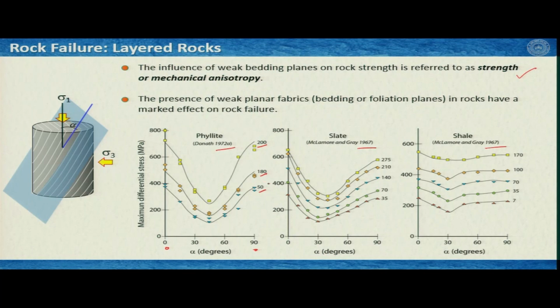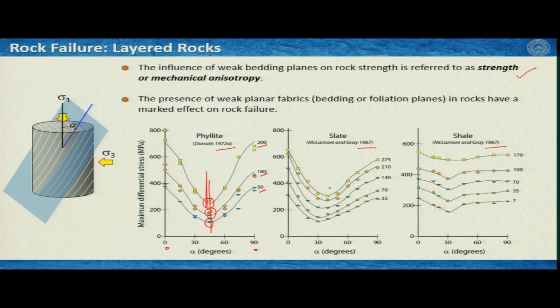So, at 50 megapascal confining pressure, we see that when the angle is about 45 degrees, the strength is lowest, and this is for all confining pressure ranges. Only the strength increased, but failure happens at very low stress compared to the angles when it is either parallel or perpendicular to the loading direction.